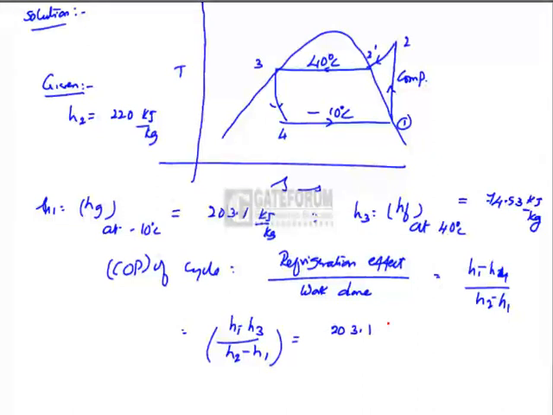I'm sorry, I had taken H1 wrongly. At minus 10 degrees centigrade, Hg is 183.1.